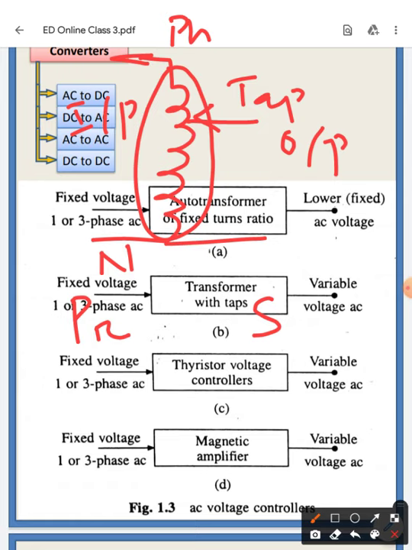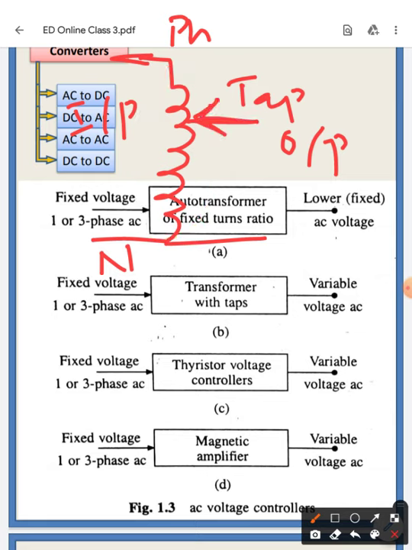Okay, so how does the conversion happen? As the tap is connected here, this section will act as the secondary, and the total coil will act as the primary, right?